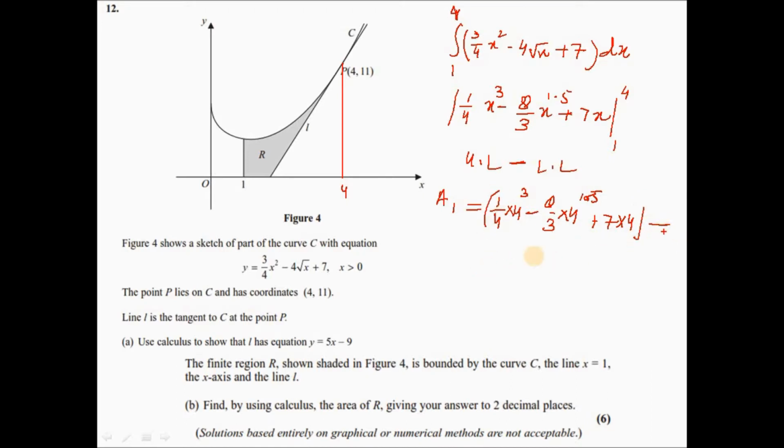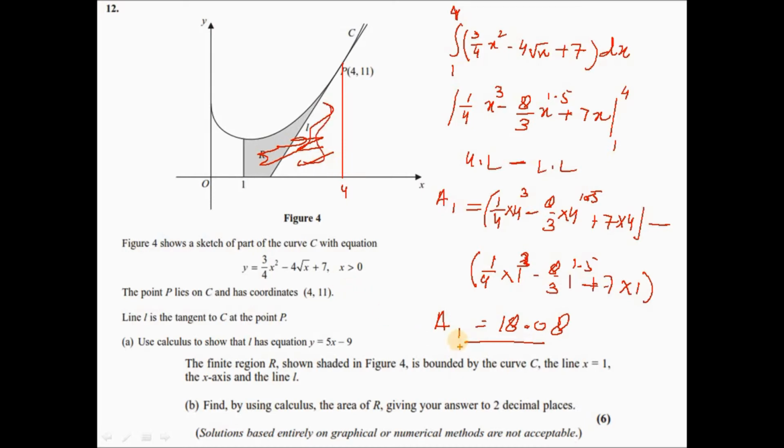Because I have minus, don't forget to put the bracket. So the lower limit is 1/4 times 1 cubed, minus 8/3 times 1 to the power 1.5, plus 7 times 1. If you simplify this, your area would be equal to 18.08. This is the whole area, including the shaded and unshaded region, A1.